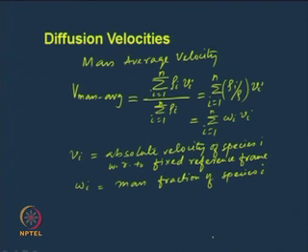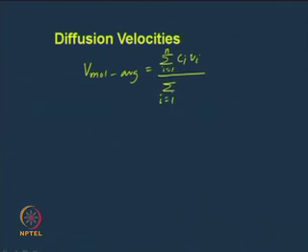Now, the molar average velocity we can define. V mole average is equal to summation over i equal to 1 to n Ci Vi divided by summation over i equal to 1 to n Ci.